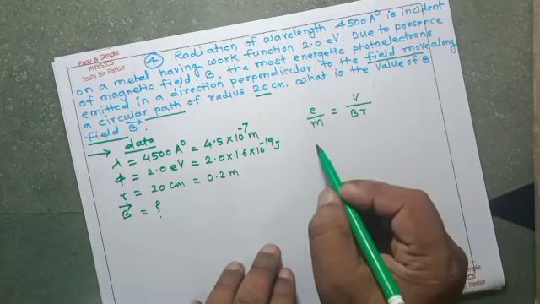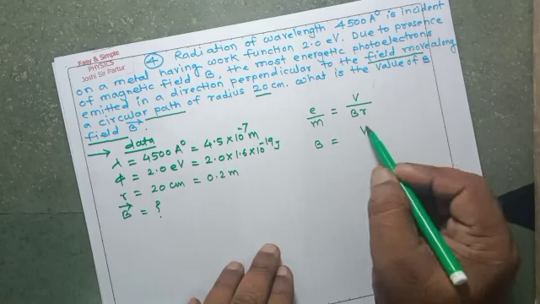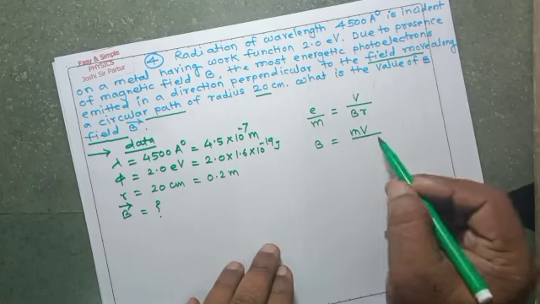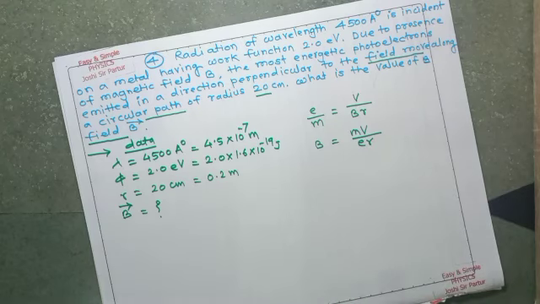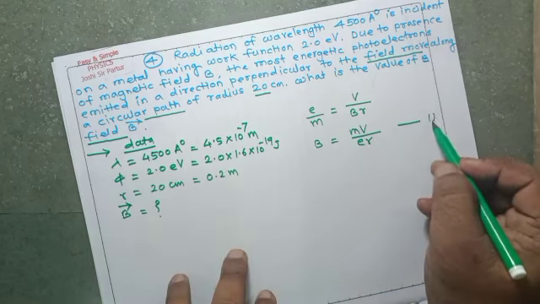Using this formula we can take B equal to V upon, or mV upon er. Suppose this is taken as equation number 1.